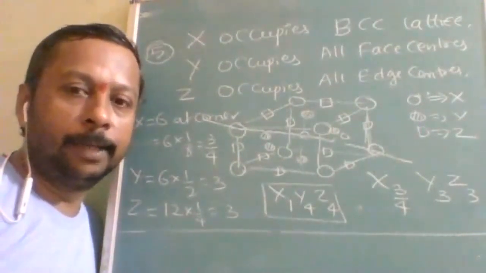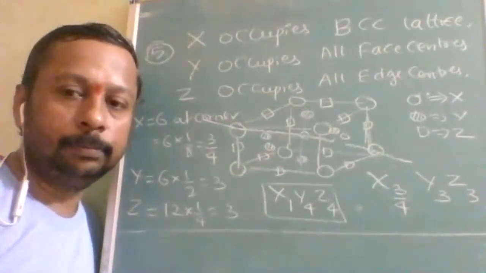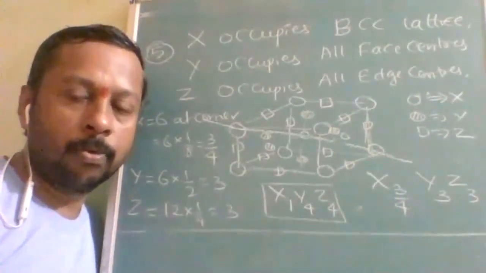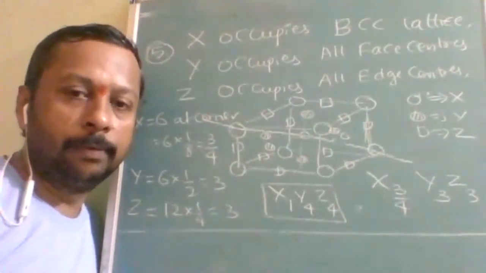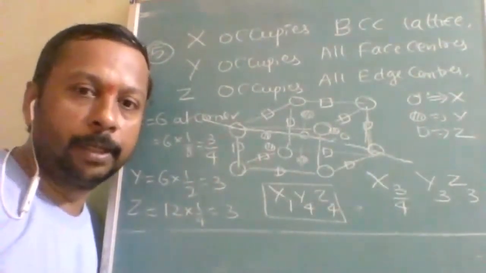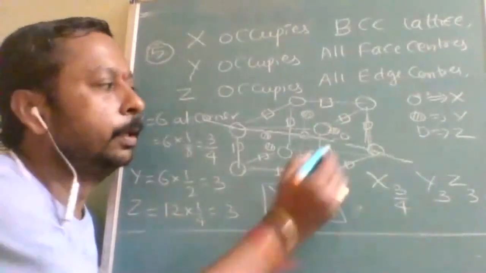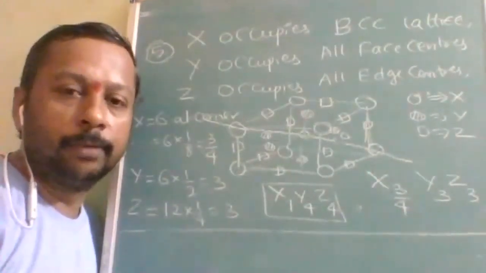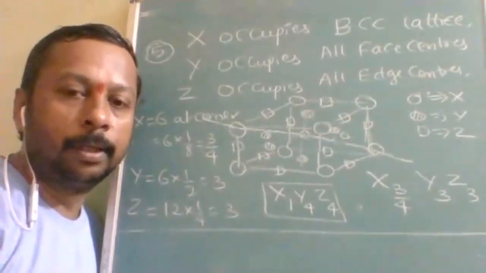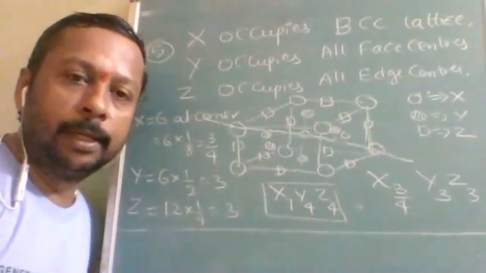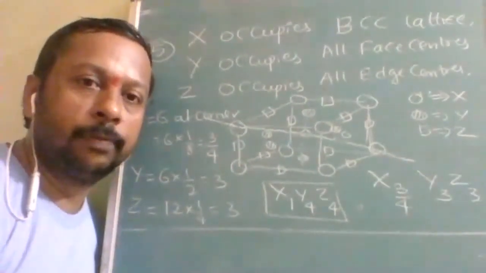Is it understood? X1, Y4, Z4. All of you make this diagram, it is very, very important. Without this diagram, it is very difficult to understand. Defective crystals we have studied, and when some tricky words are used, that also we have studied.